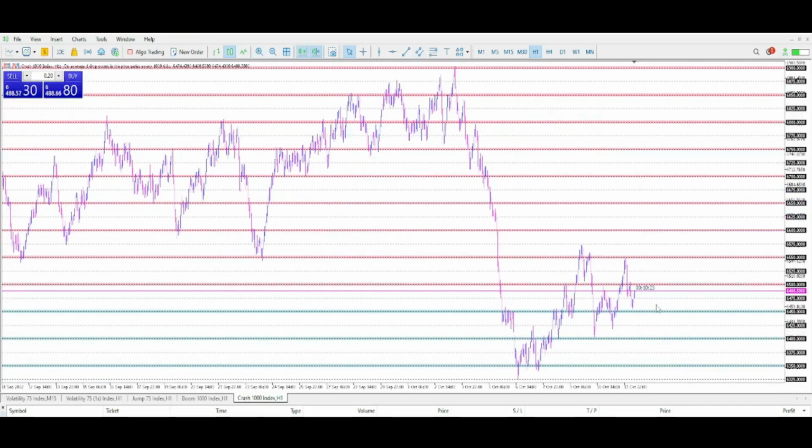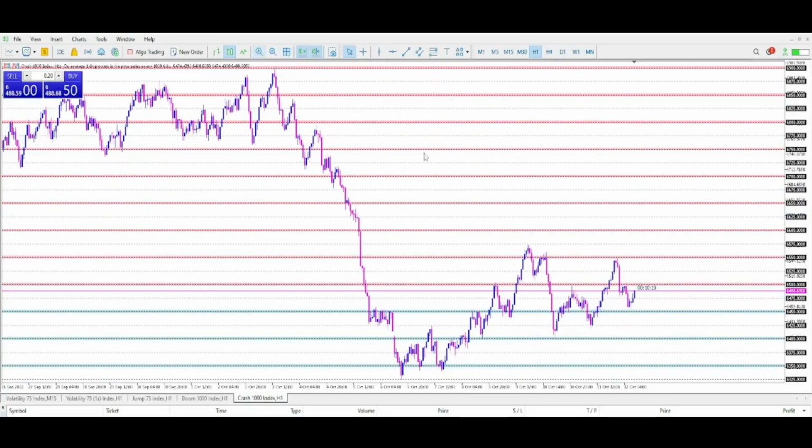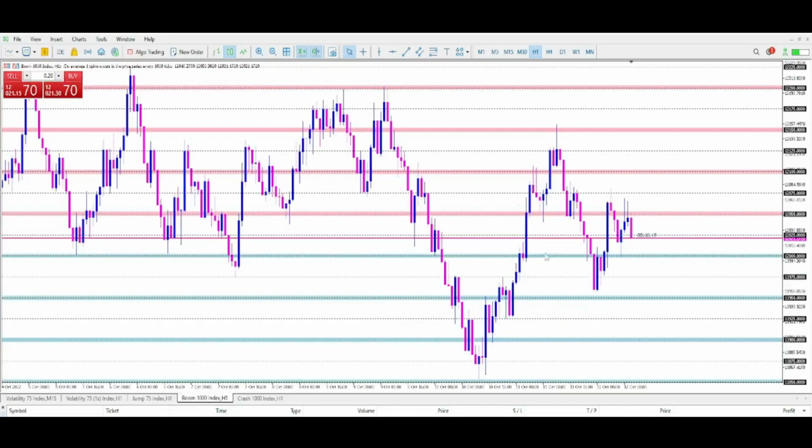So on Boom, if you want to catch spikes, try to trade it when it's trending up. That's how you're going to catch spikes. When Boom is trending up, you can catch those spikes very easily.